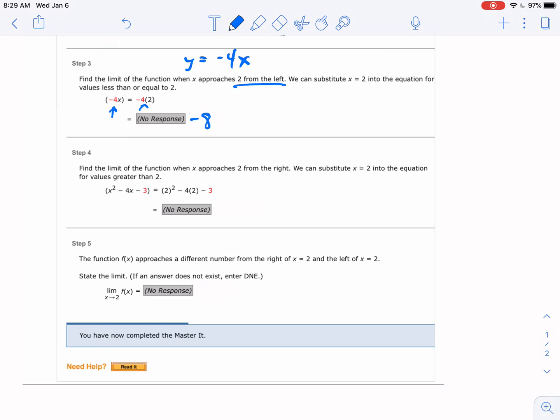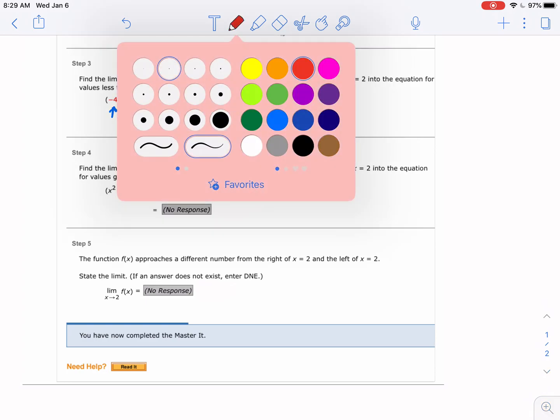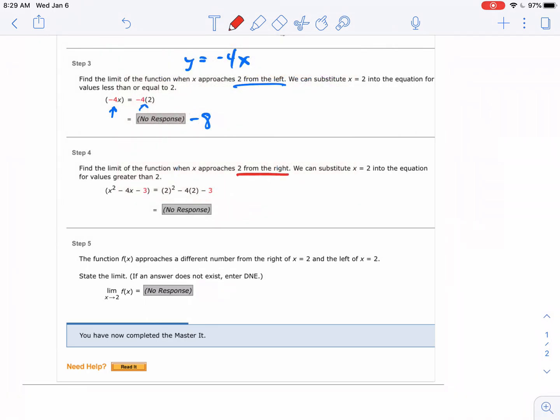Well, I get -8. Then the next one is they say from the right side. So these are numbers that are bigger than 2, so that was this function. They wrote it down. Then notice they put a 2 in for each x. What happens when you put a 2 in? You get 2 squared, which is 4. -4 times 2 is -8, so that's a -4, and we ended up getting -7.